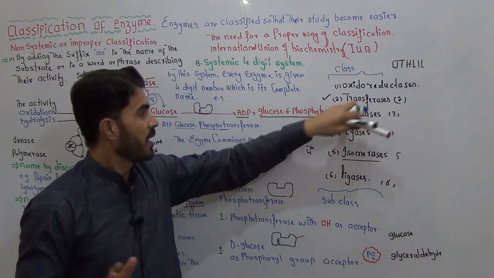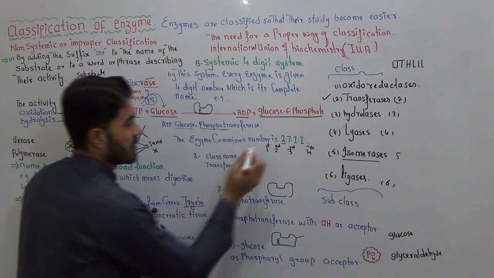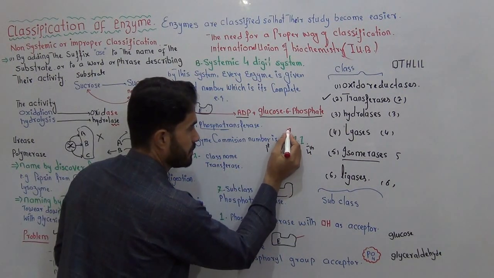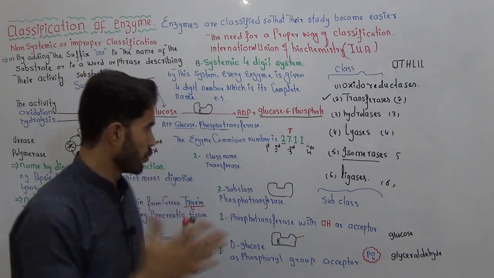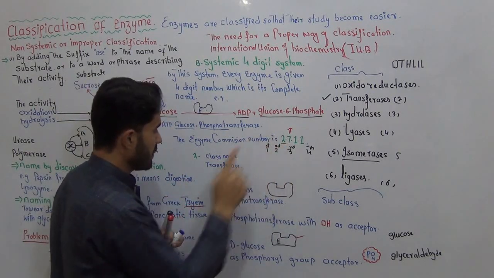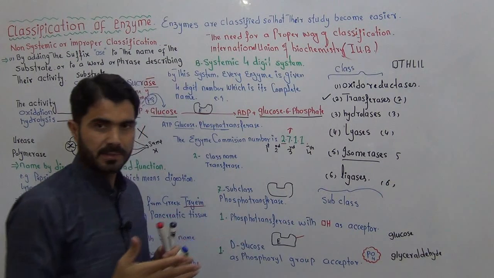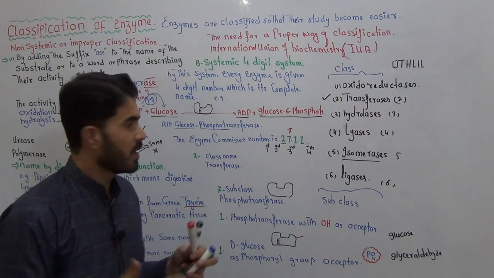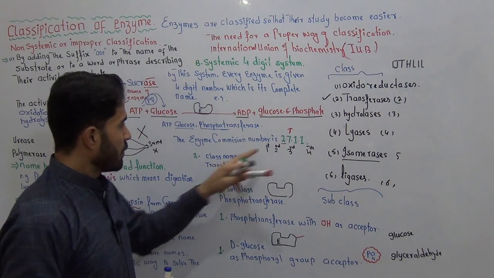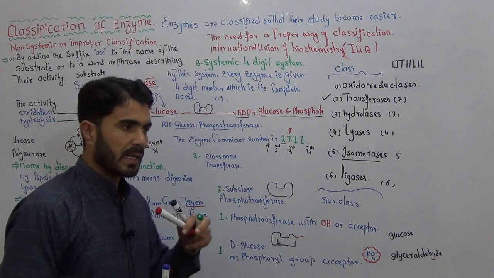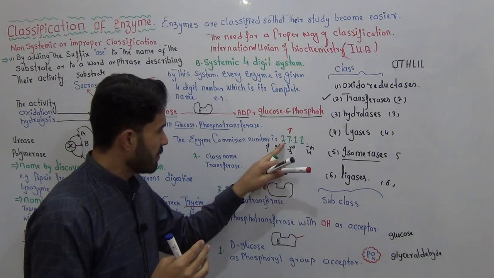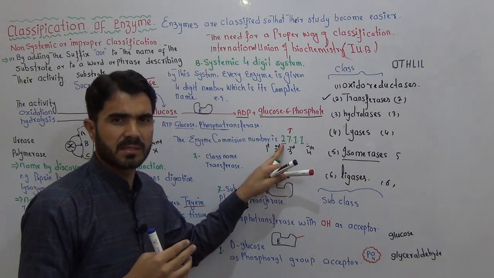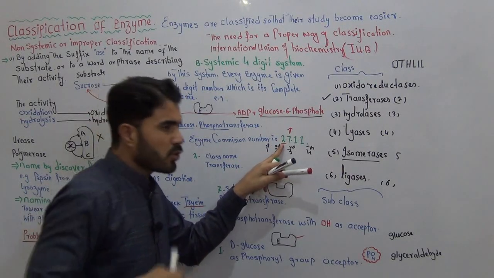Okay, fine. Then the second digit is 7. Now what does this digit show to us? The 7 shows the subclass. In the first digit we saw that the enzyme is transferring something, but we cannot deduce which group is transferring.